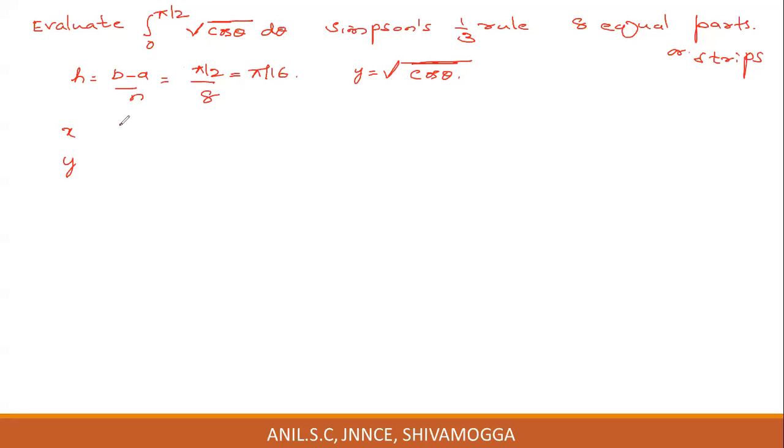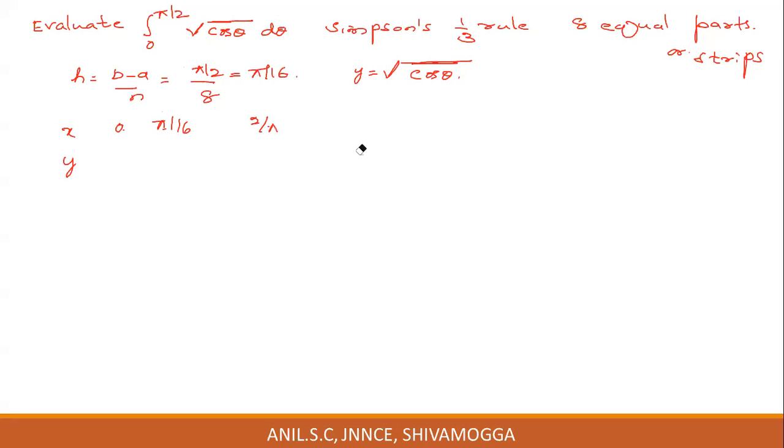Start with the lower limit 0. Go on adding h each time. 0 plus pi by 16 is pi by 16. pi by 16 plus pi by 16 is 2 pi by 16.